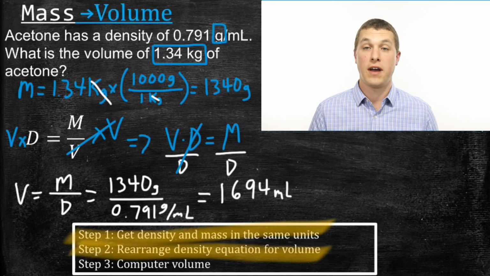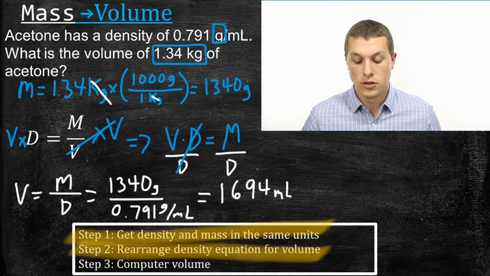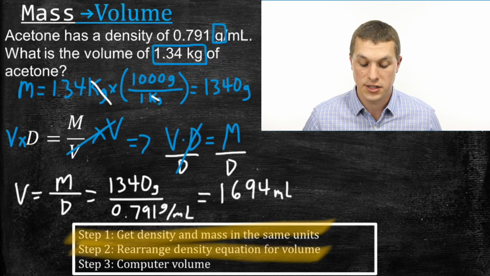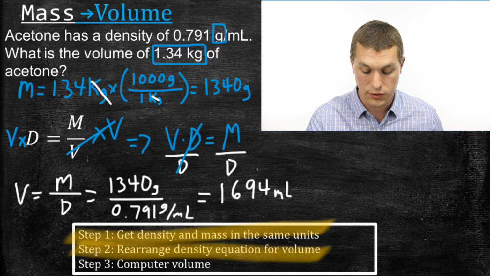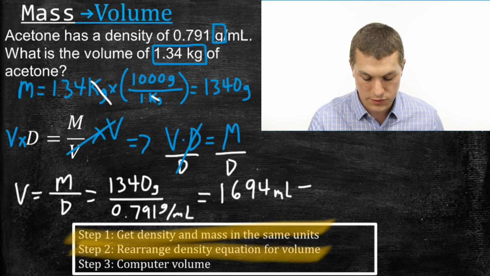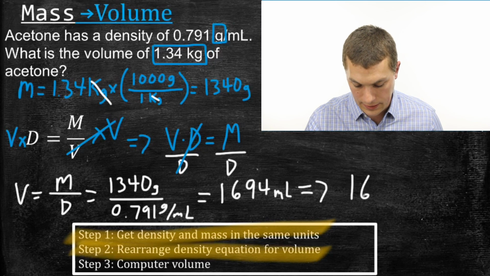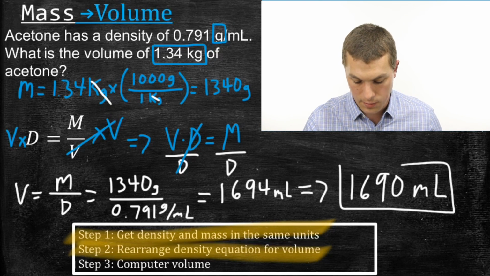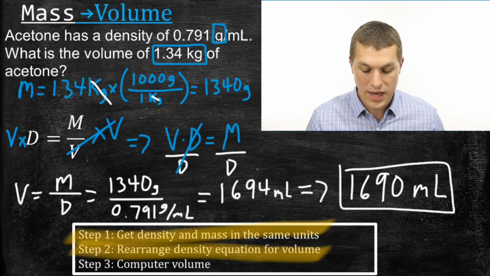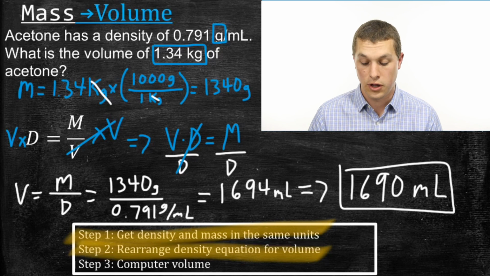Again, that's really our final answer, but if we want to account for sig figs, we can remember that we put 2 numbers into that calculation, and both had only 3 sig figs. So our final answer should really only have 3 sig figs, which means we're going to round that to 1,690. So that is the volume of our acetone solution. So that's how we can use density to go from the mass of a solution to the volume of a solution.